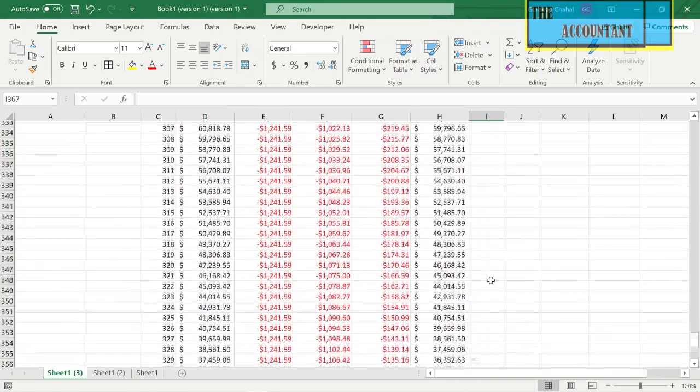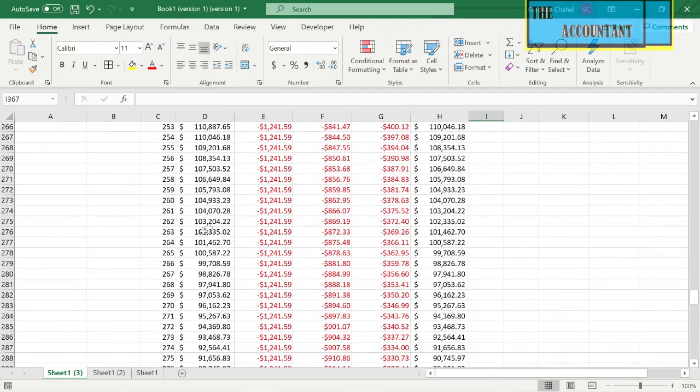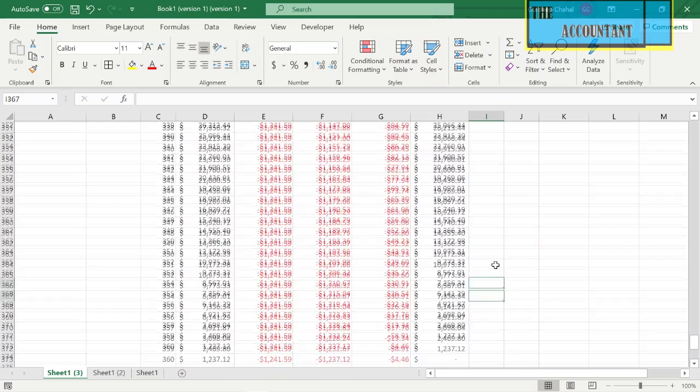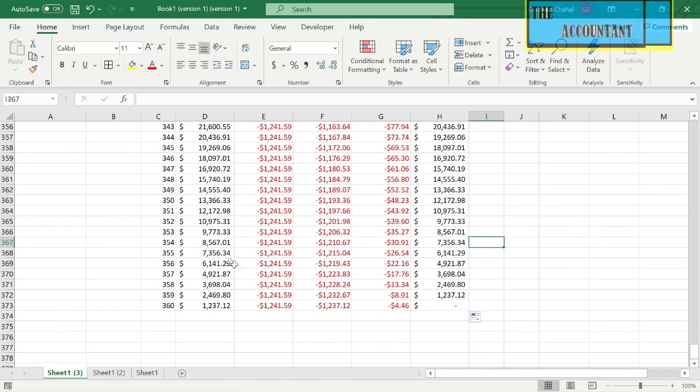And it works all the way. So you can see how much out of each payment is for principal and how much is for interest. And as you can see, it goes all the way down until the last payment, where 1,237 is owed, and almost the entire amount is coming from principal with $4 from interest, and the balance is 0.